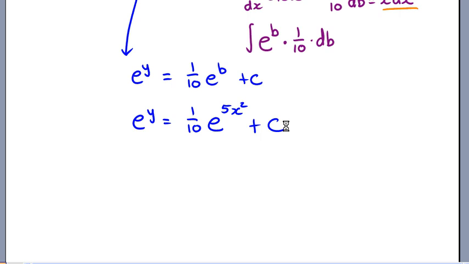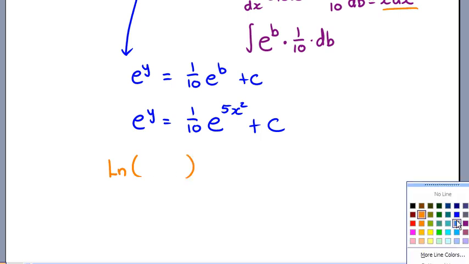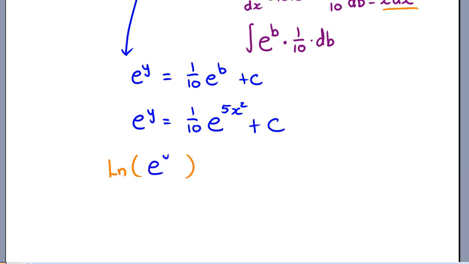Okay, you need to get to that y. You need access to it. And the only way I can get to that y, in order to solve for y, is to take the ln of both sides. So if I take the ln of that e to the y, I'm going to do the same thing over here.